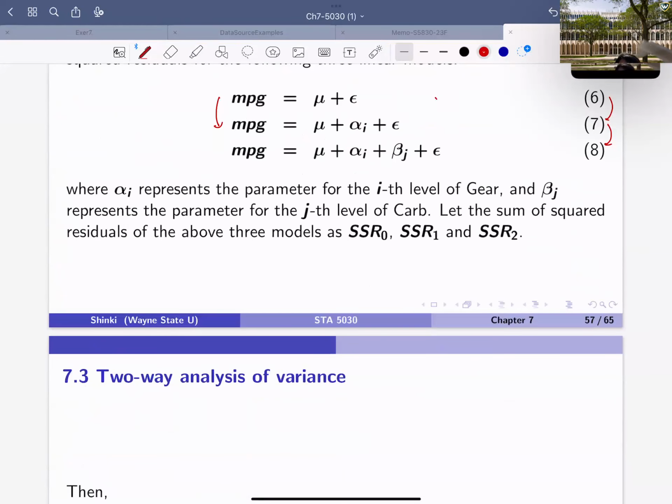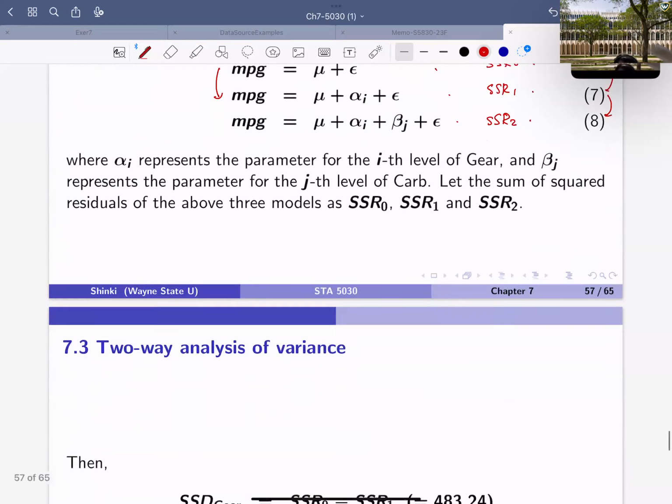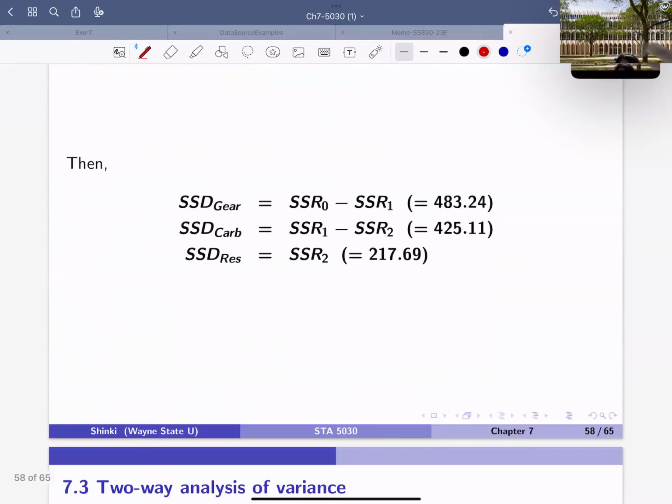If we have these 3 models, at least we can calculate SS residual for this model, and SS residual for this model, and the sum of squared residuals for this model. So we have 3 quantities. And actually these quantities determine SSD gear, SSD carburetor and SSD residual.